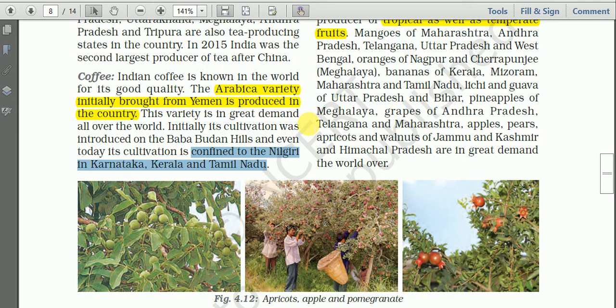About temperature, frost cannot harm the coffee plants. That means it can resist frost.